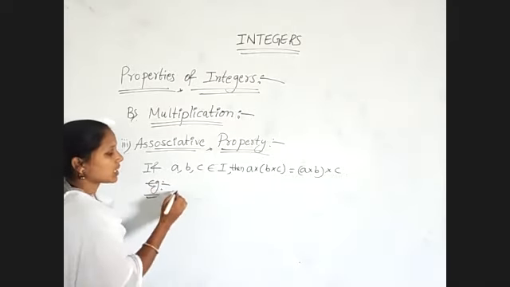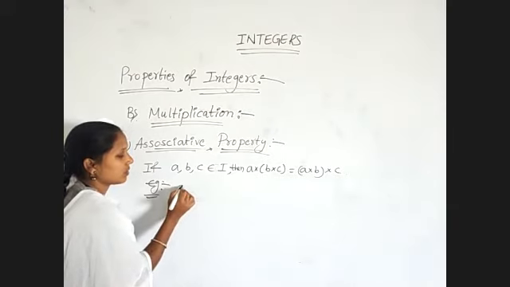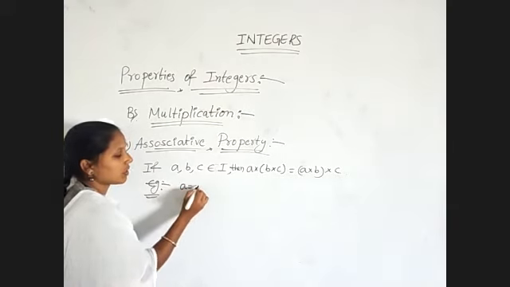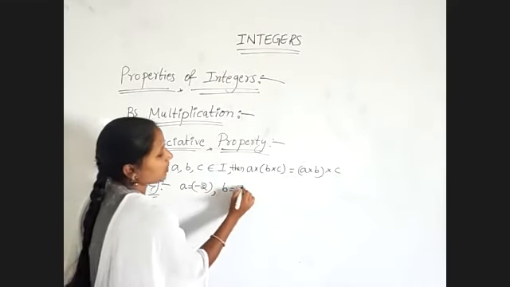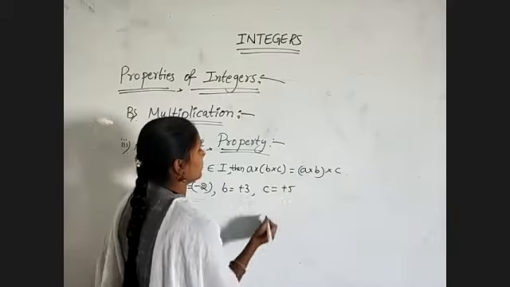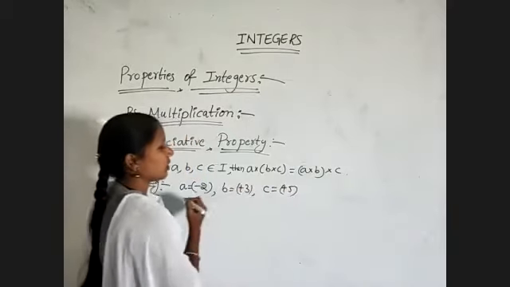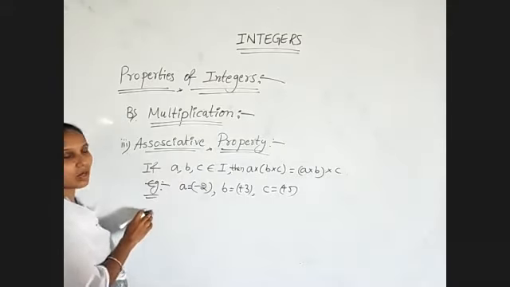Now observe the example. I am taking a is equal to minus 2, b is equal to plus 3, c is equal to plus 5. Now apply and check whether that is possible or not.